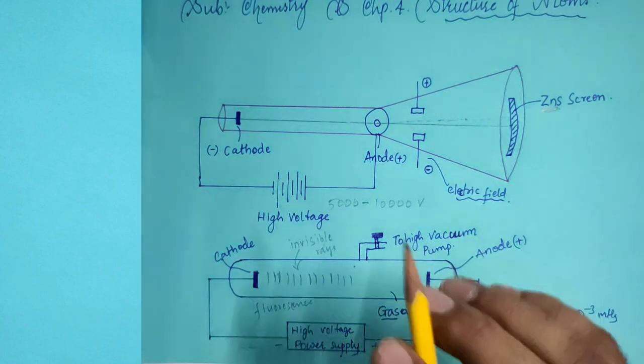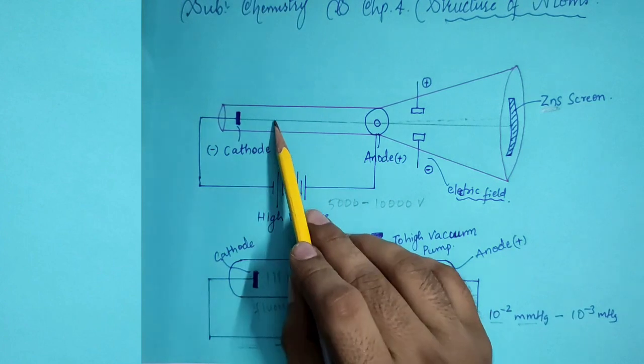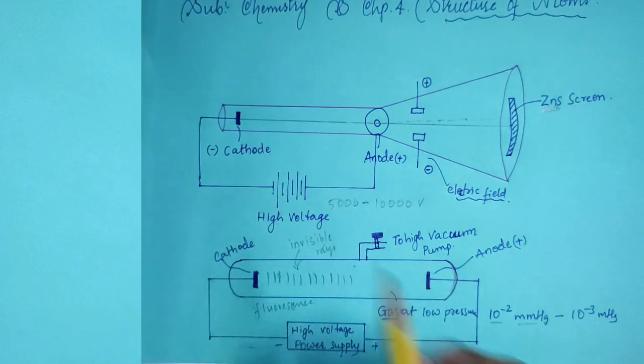Later this particle was named the electron, and the mass of the electron was given as 1837 times lighter than hydrogen.